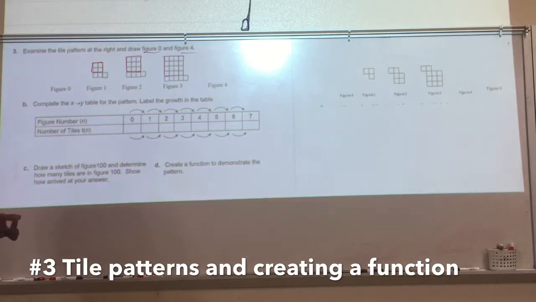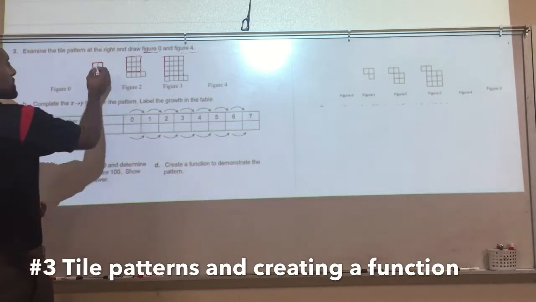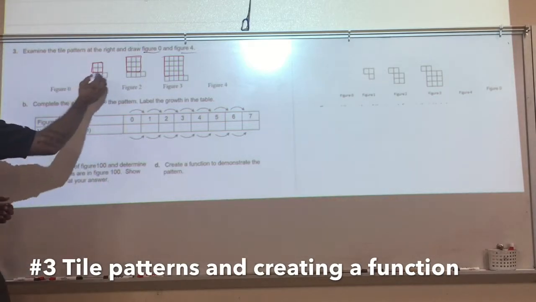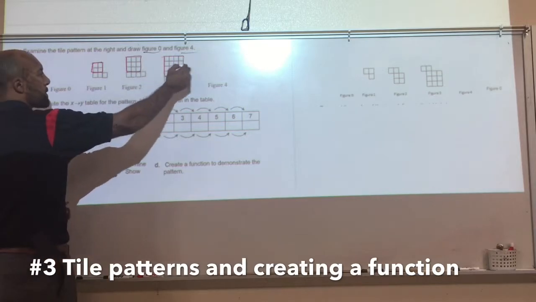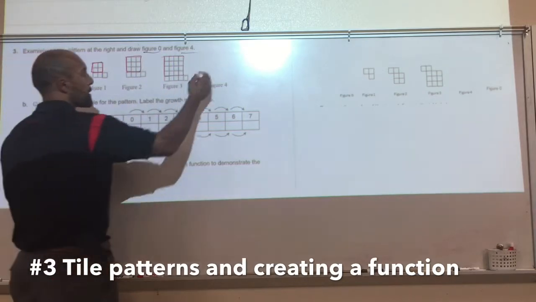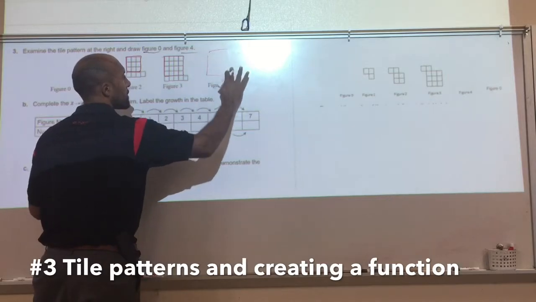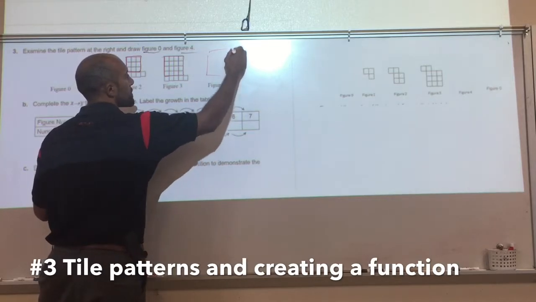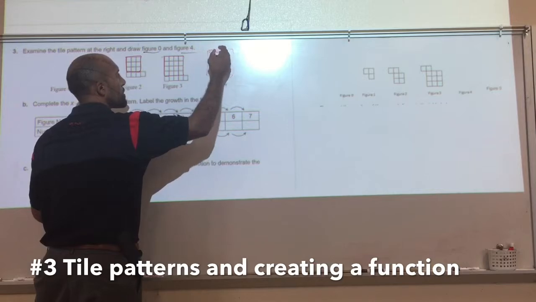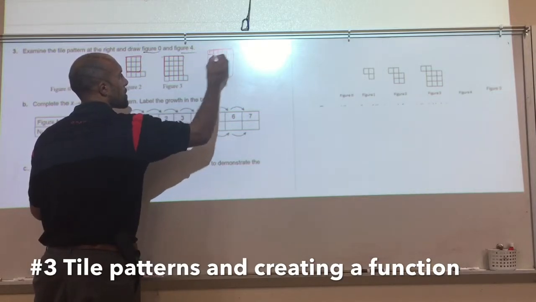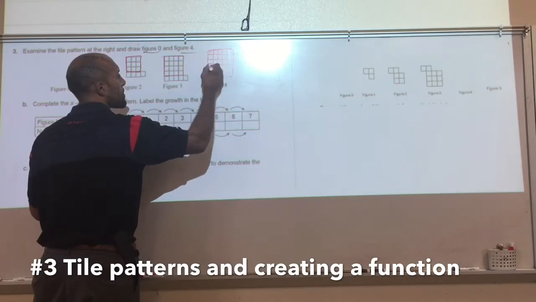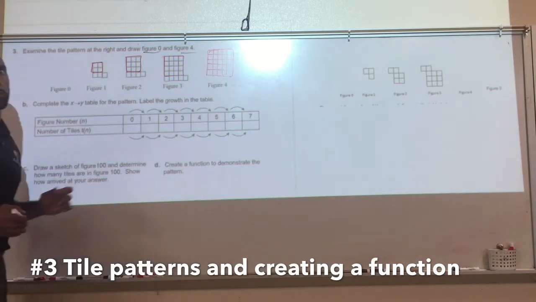So if I'm following that pattern, the next one must be 5 by 5. I'll do my best to make a 5 by 5 square. Remember, nobody's perfect, it doesn't have to be great.